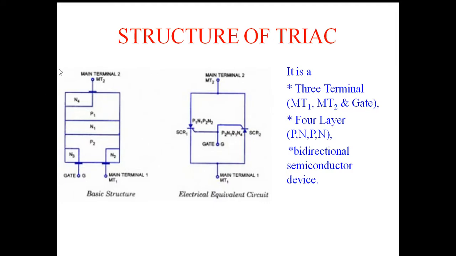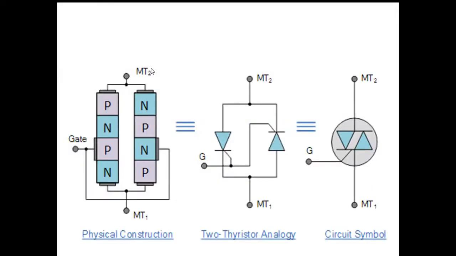In the triac, we can have current from MT2 to MT1 and from MT1 to MT2. That's why we represent it like this instead of anode and cathode. So it conducts in two directions, and that's why it is called a bidirectional semiconductor device.